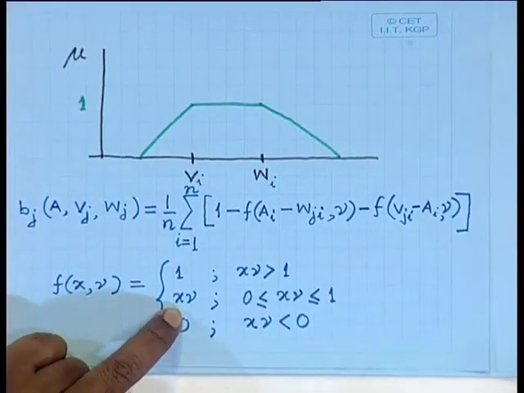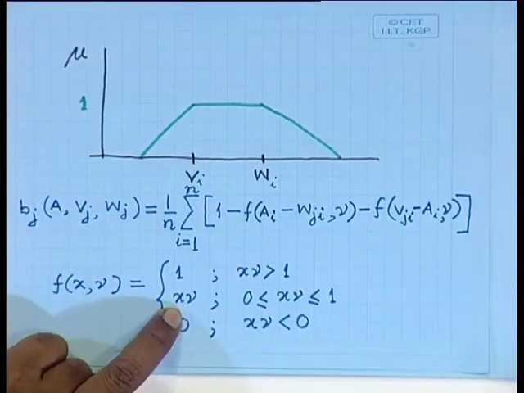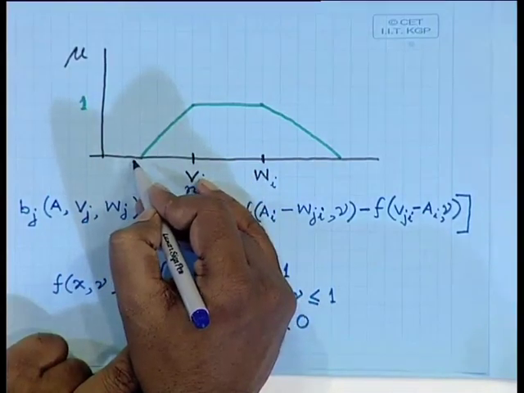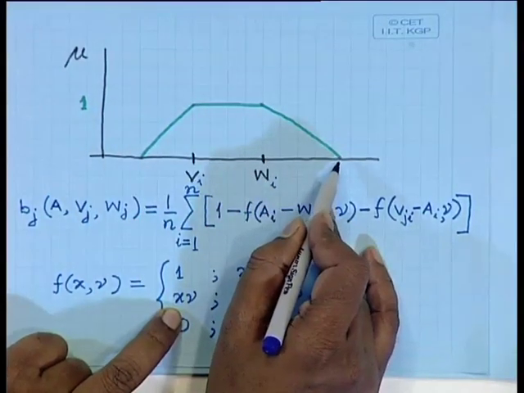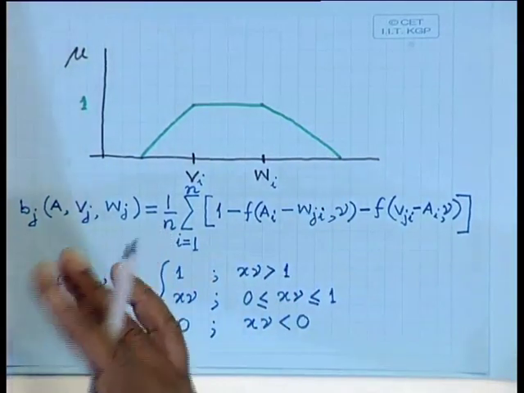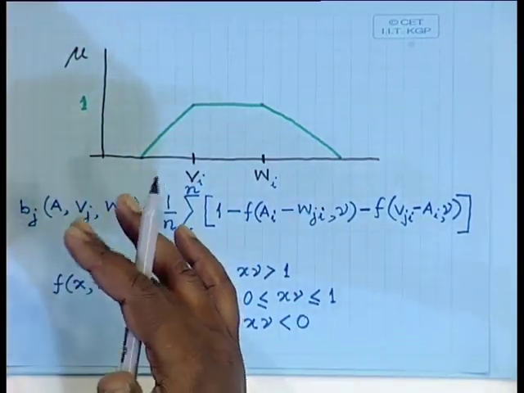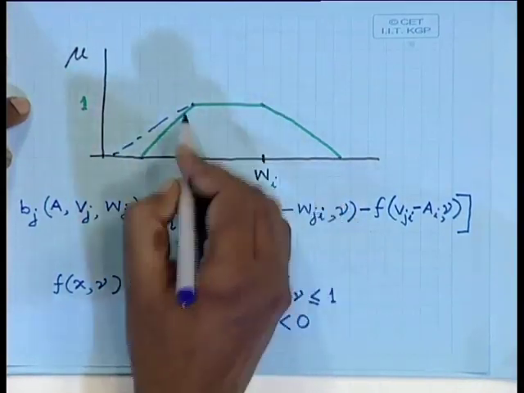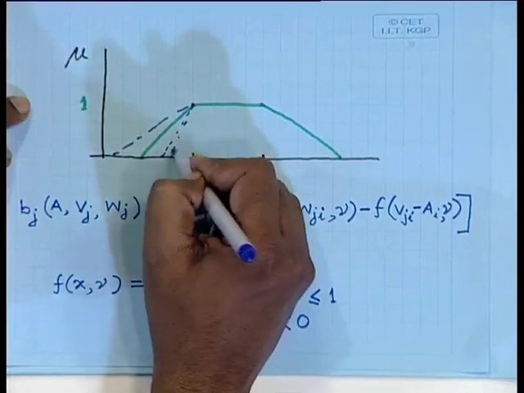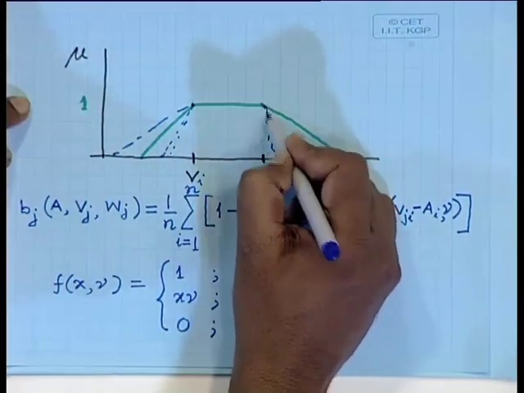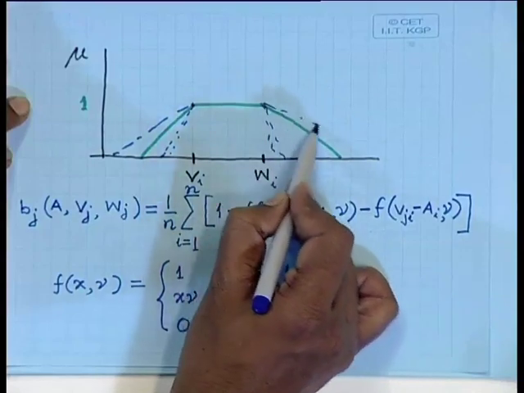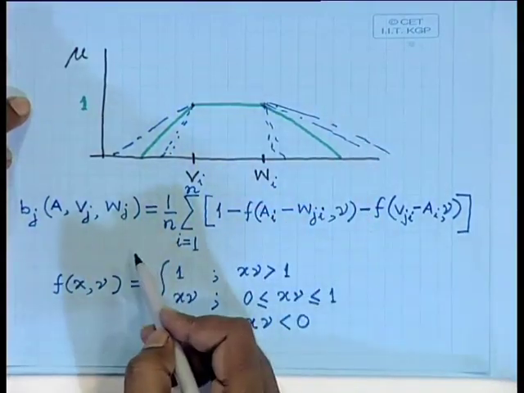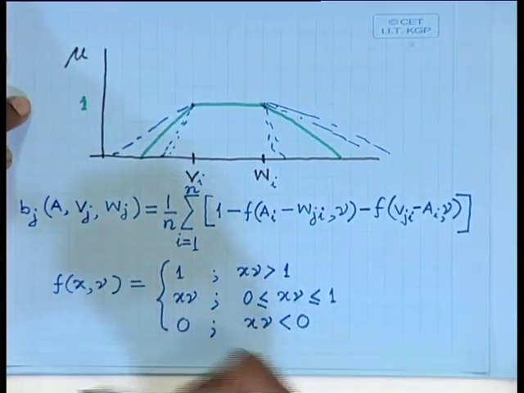Now, see what gamma does over here. Over here gamma is the slope of the straight line, and over here minus gamma is the slope of the straight line. That means this particular parameter gamma indicates how steep this line is. If gamma is high, then the straight line will be something like this, and the slope will be very high. If gamma is small, then the straight line will be something like this. And that is what indicates the degree of fuzziness.